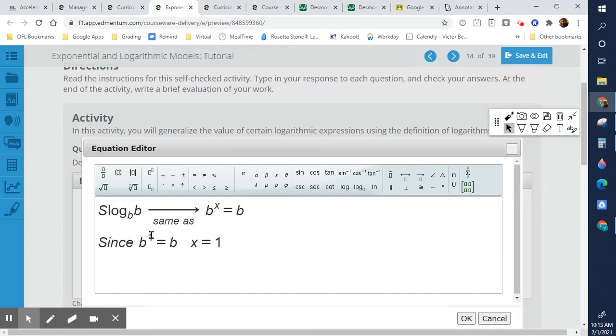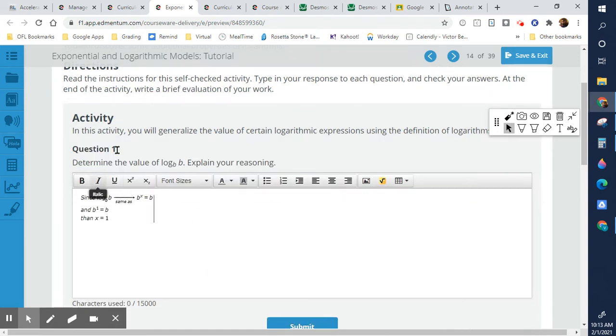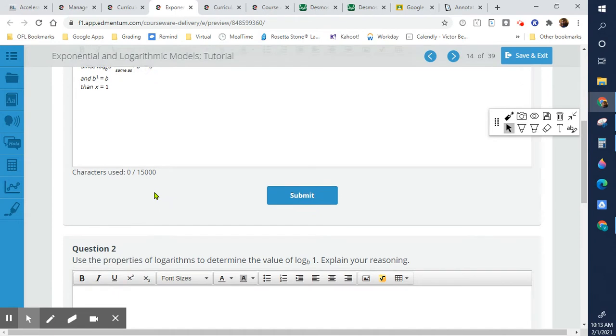I'm saying since log base b is the same thing as b to the x equals b, and b to the 1 is equal to b, then x equals 1. So that's how I came up with my answer of 1. I'm just rewriting what log is in order to come up with 1.